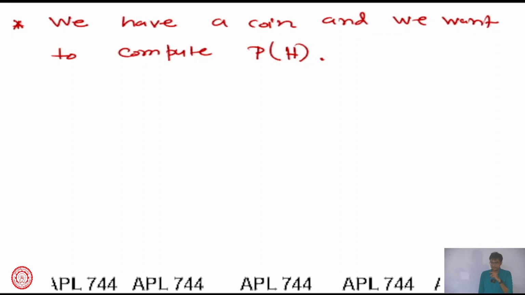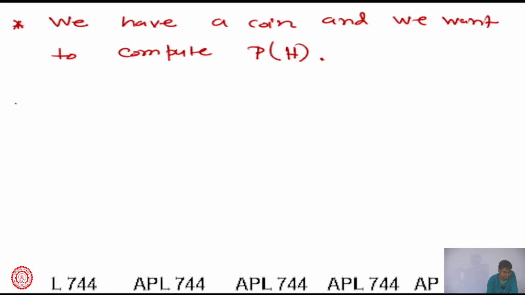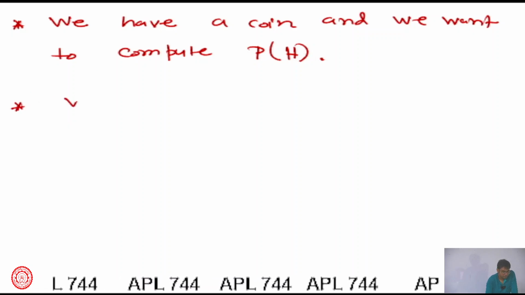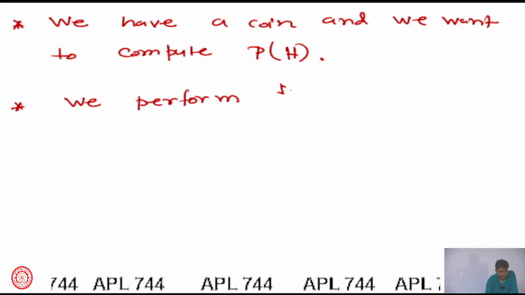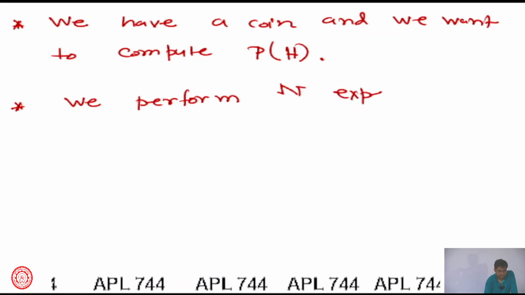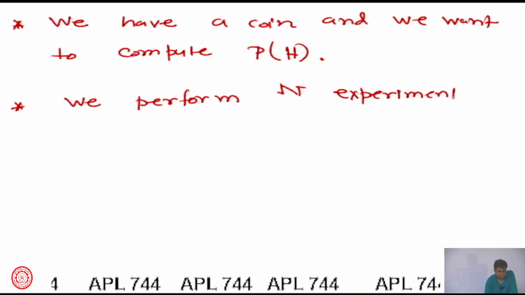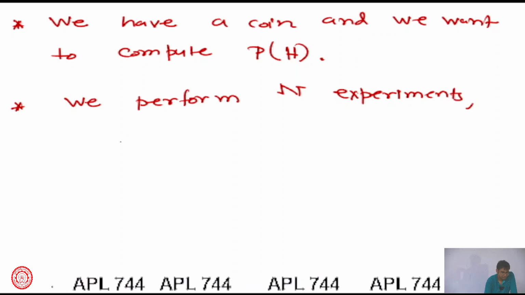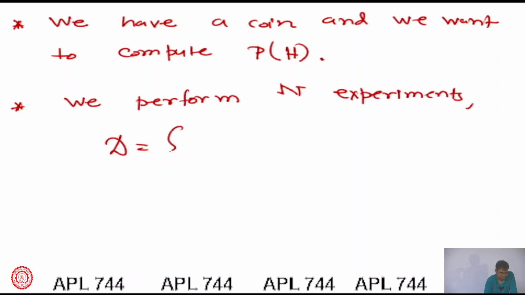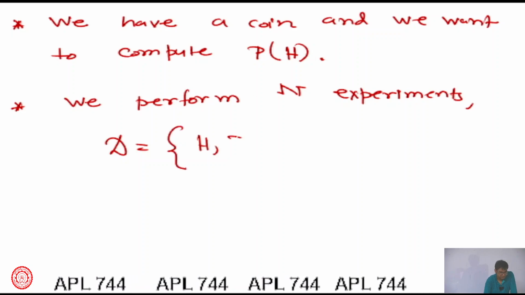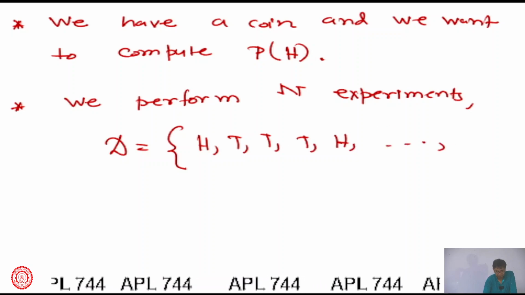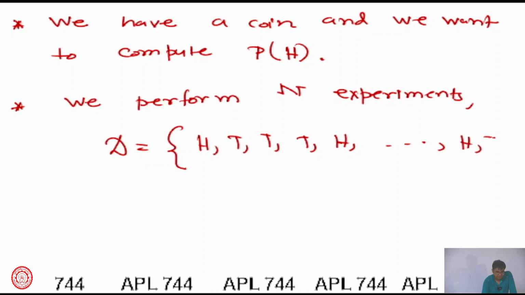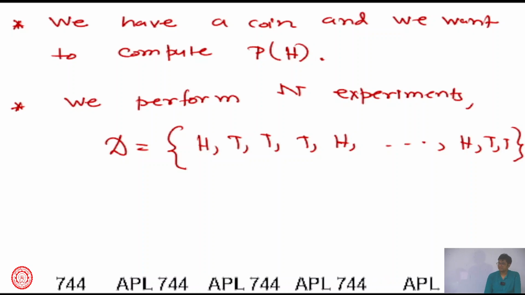We perform n experiments, and the output of the experiments, let us say, is head, tail, tail, tail, head. I cannot write n, so head, tail, tail, something like that I have got.